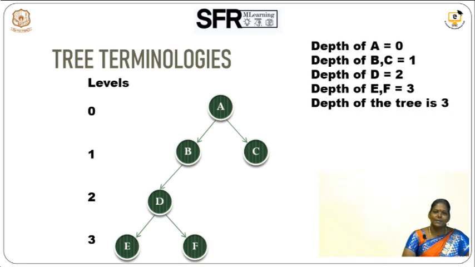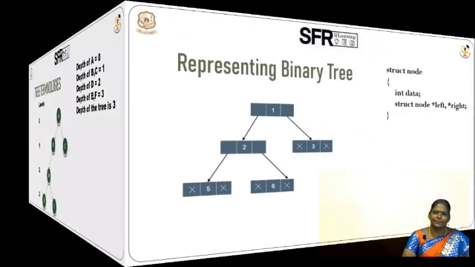Depth is the reverse of the height. Height represents the tallest position they occupy, and depth represents how deep they are in the tree. The depth of the root node is always 0, since we start from there. The depth of leaf nodes is 3 in this tree, so the depth of the whole tree is again 3.